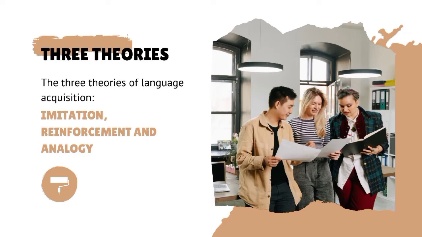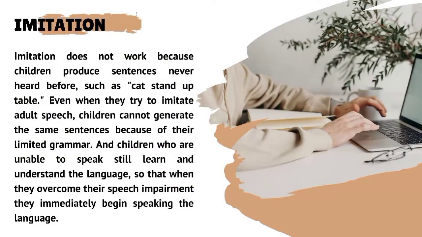Three theories. The three theories of language acquisition are imitation, reinforcement, and analogy. When we say imitation, it does not work because children produce sentences never heard before, such as "cat stand up table."